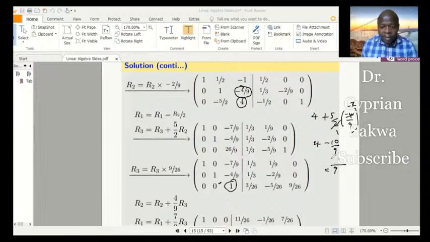And this will be 36 minus 10, which gives you 26 over 9. Which one was that? Yes, that 26 over 9 here. I think I was pointing at a different value. So this is 26 over 9.